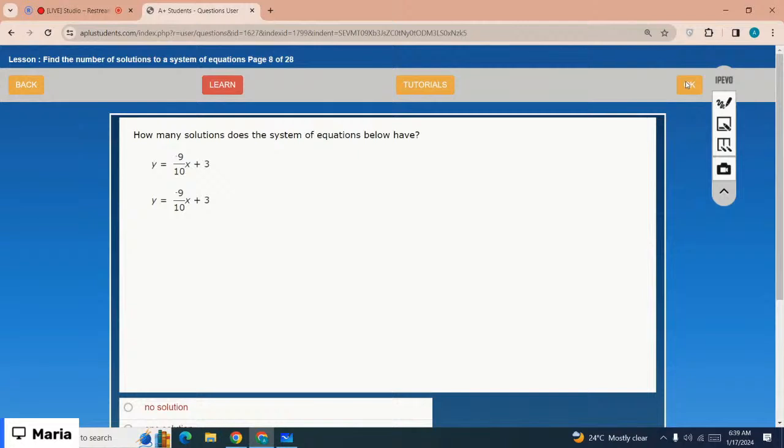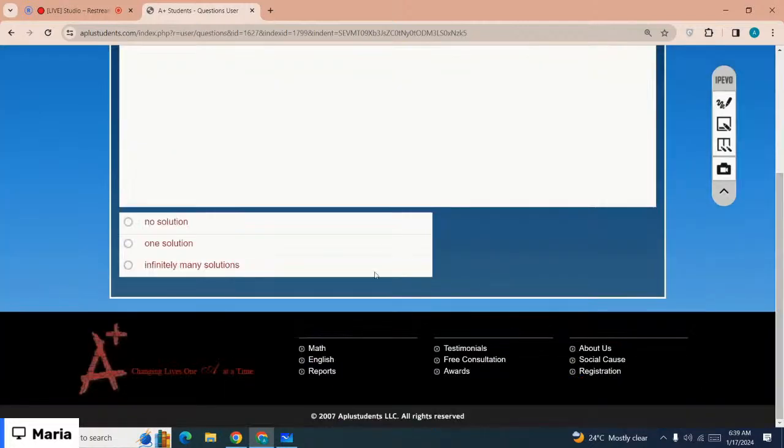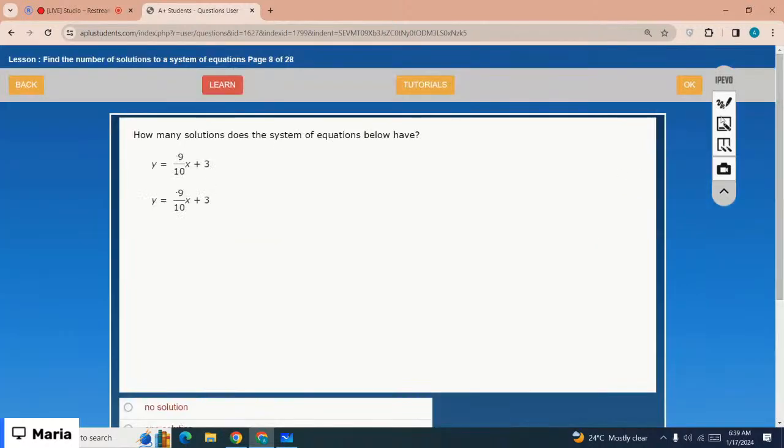How many solutions does the system of equations below have? The correct option is infinitely many solutions, right? Because the equations are exactly same. So the system has infinitely many solutions.